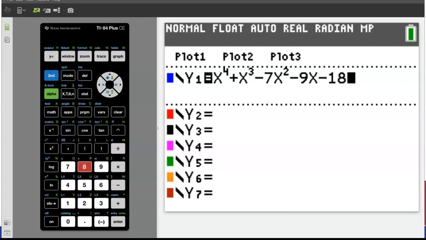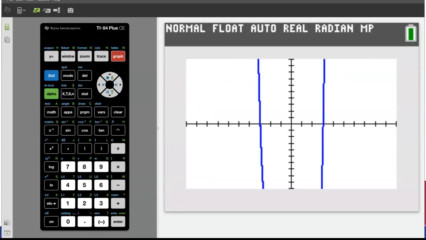Okay, graph. Let's see what we mean. What do you mean it's not easy to read? That looks like a negative 3 and a positive 3. I can't see the whole picture, but I can see 2 possible places it's crossing over.